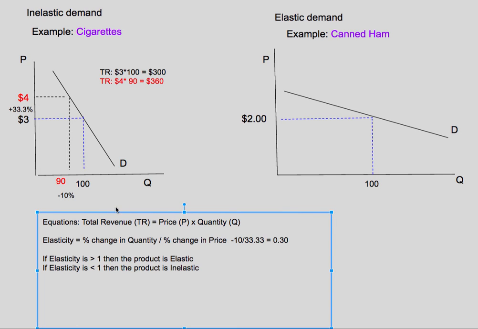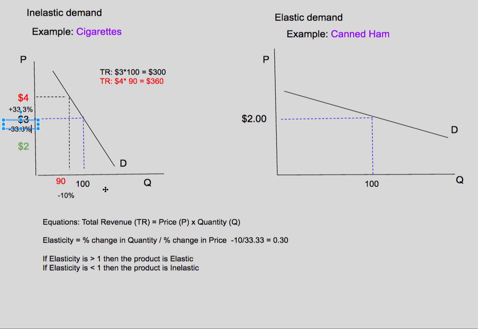Let's see what happens if we lower the price. Let's say the price drops to $2 from $3. So what percentage change would that be? Well, $1 from $3 again is a third, so it would be minus 33.3%. And let's draw across and see what happens.